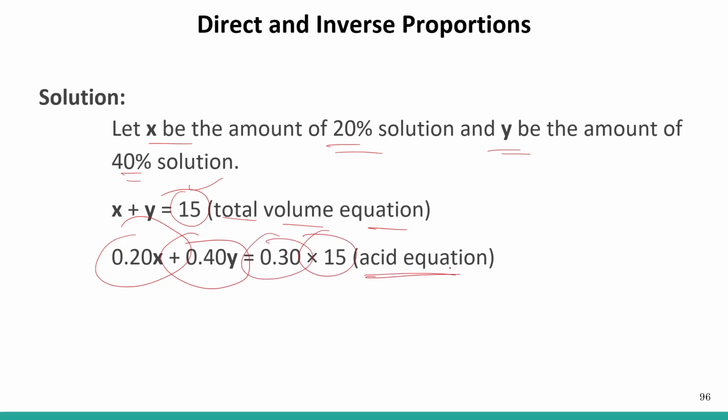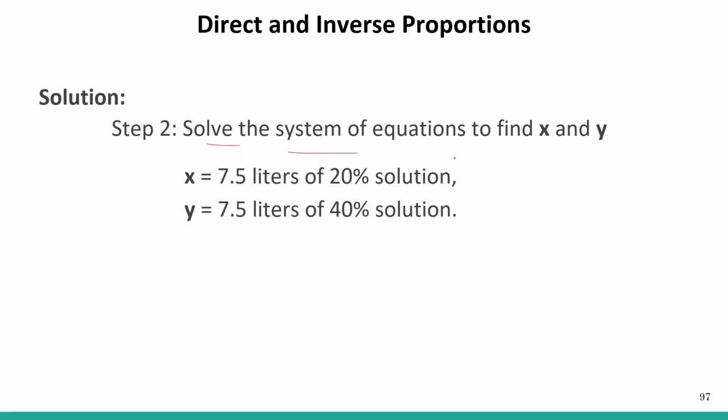That is the acid equation. So solve the system of equations to find X and Y, right? X is equal to 7.5 liters of 20% solution and Y is equal to 7.5 liters of 40% solution. Adding these two, we are left with 15 liters of solution with 30% acid concentration.